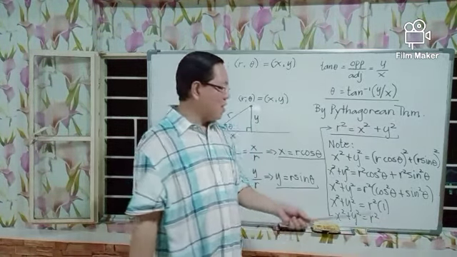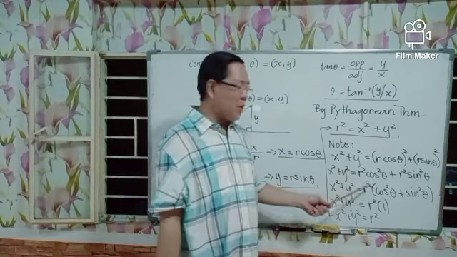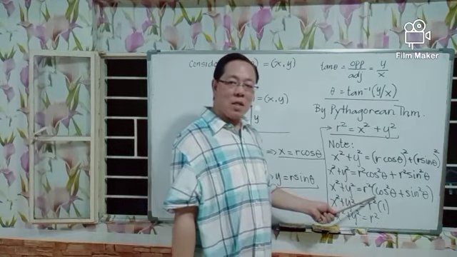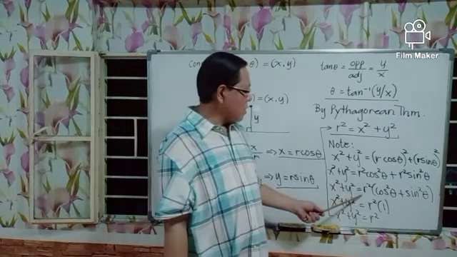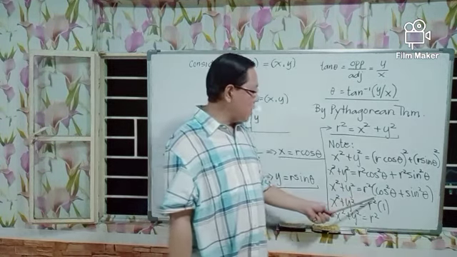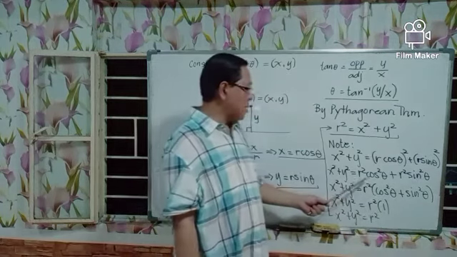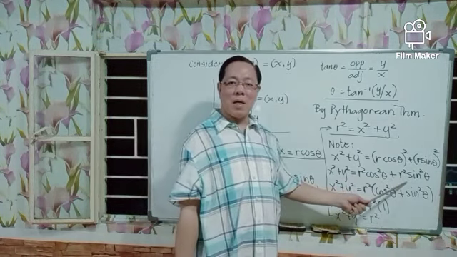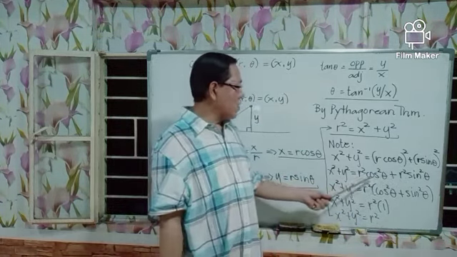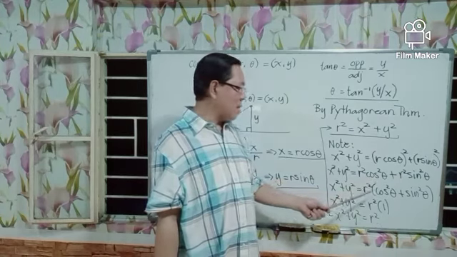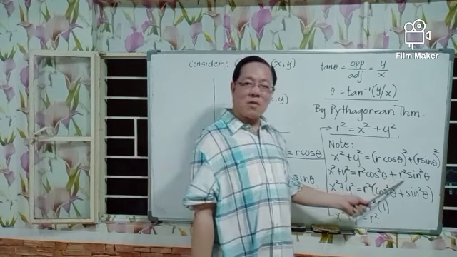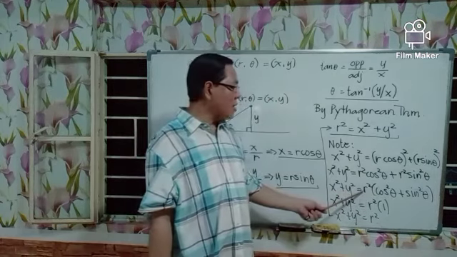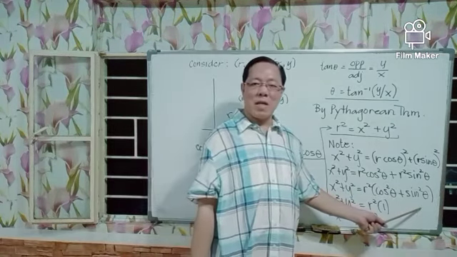If we factor out r squared, we get r squared times the quantity cosine squared theta plus sine squared theta. That is, r squared is the common factor, and to get the other factor, we divide each term of this sum by r squared. r squared cosine squared theta divided by r squared is equal to cosine squared theta, and r squared sine squared theta divided by r squared is equal to sine squared theta.